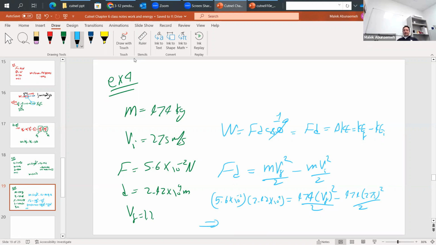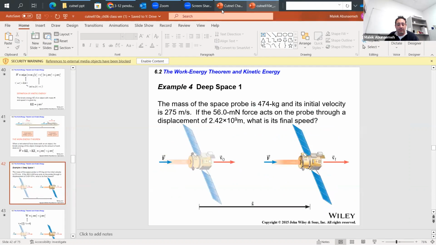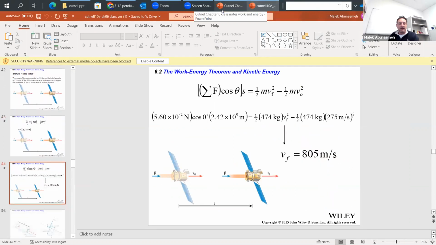Solving for this, our final velocity is going to equal, plugging in these numbers, 805 meters per second. Let me go ahead and check my answer. Oh, we got 805 meters per second.